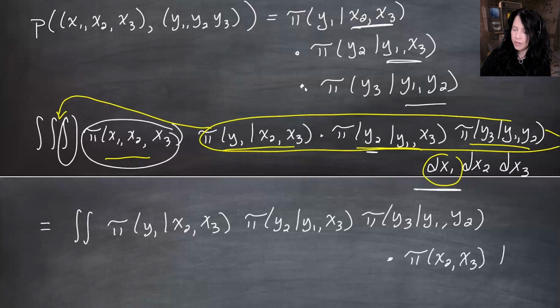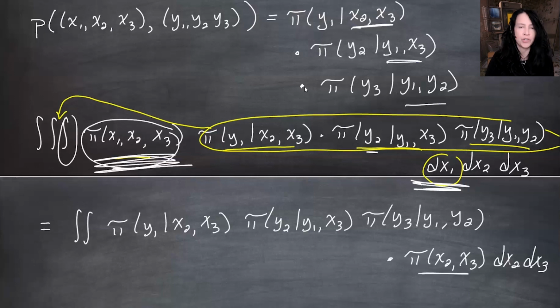And I'm left with the integral with respect to x2 and the integral with respect to x3. So in this step, I have integrated the three-way density with respect to x1, and that has given me the marginal PDF of x2 and x3. Does that make sense?